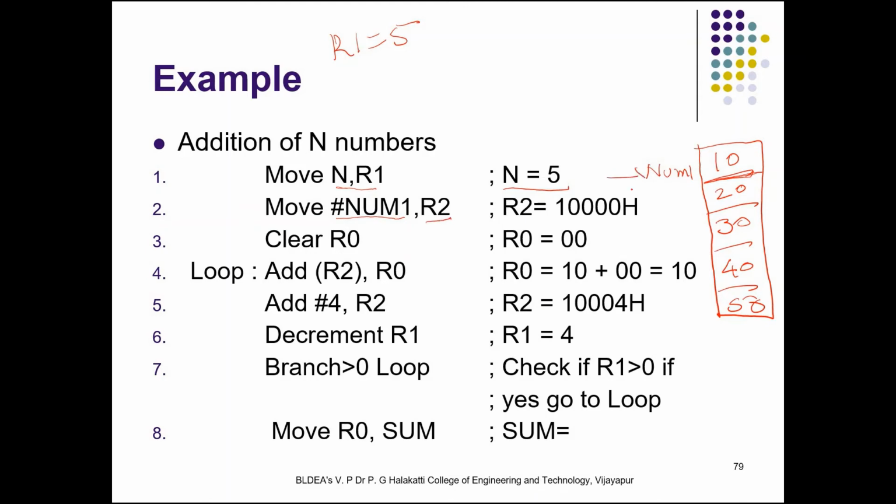So the address of num1 will be assigned to R2. So R2 will be containing the memory address. Now here, what is the memory address we have assumed? We have assumed the memory address to be 10,000 H, hexadecimal, right? So now R2 will be containing the value 10,000.